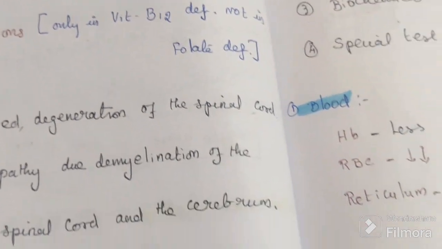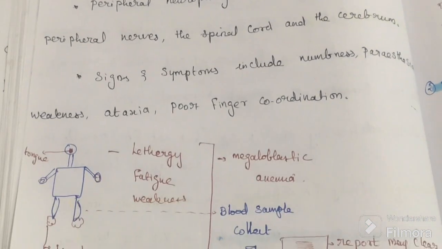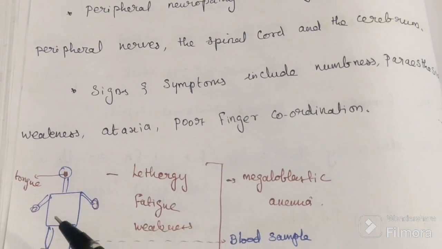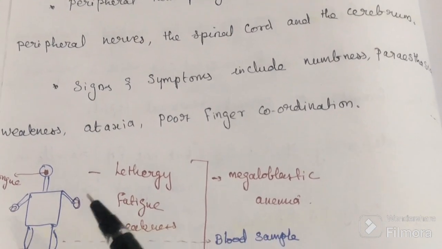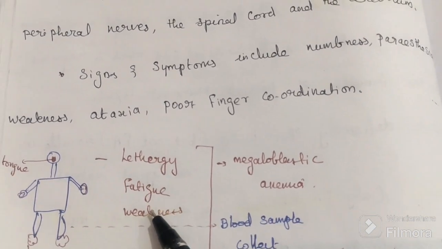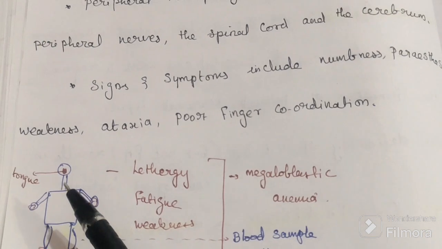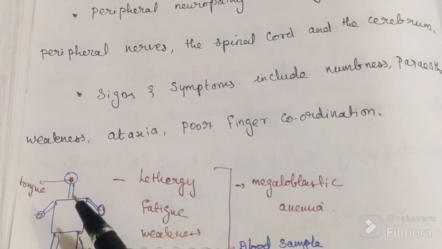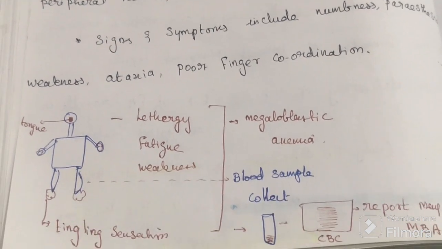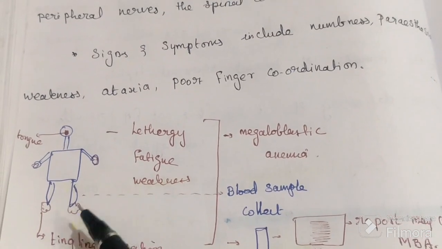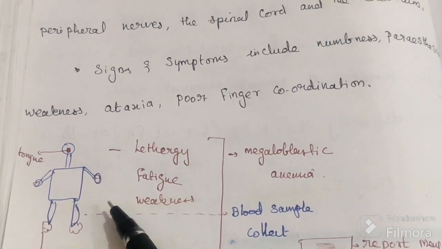So how do we identify that the patient has this anemia? Lethargy, fatigue, weakness, along with beefy red tongue, along with tingling sensation.